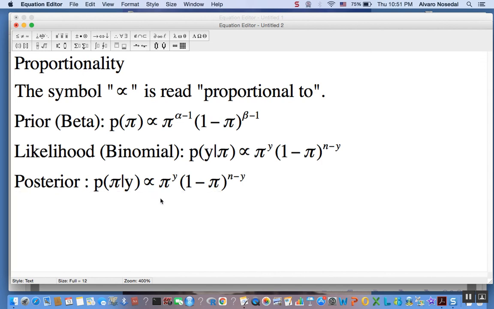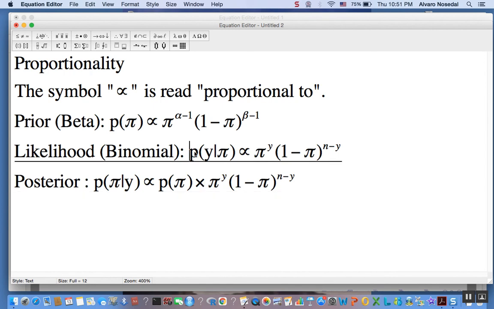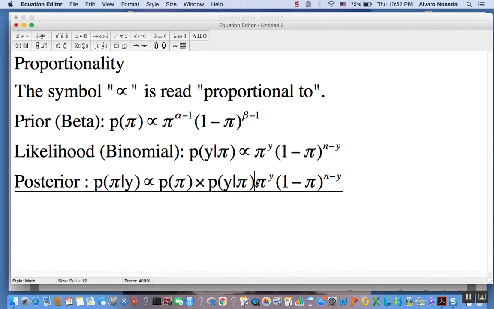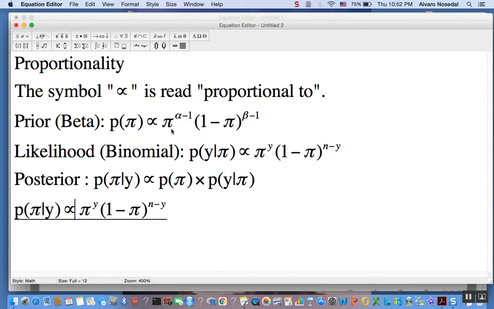So let me write this down: our posterior is proportional to our prior times our likelihood, which means our posterior is proportional to that product. Prior times likelihood.